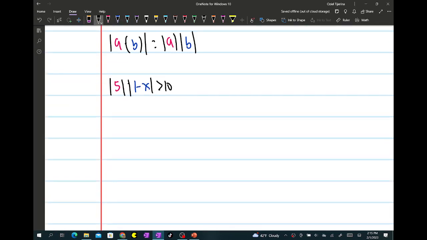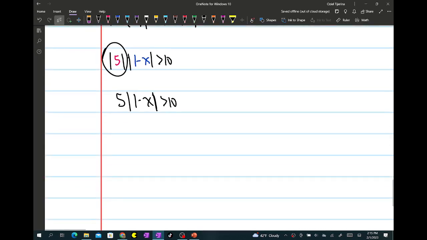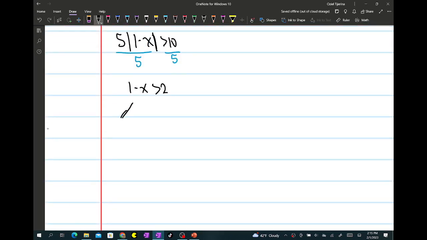I know that the absolute value of 5 is just 5, so I can say 5 times the absolute value of 1 minus x is greater than 10. And then from there, I can divide both sides by 5. So I get that the absolute value of 1 minus x is greater than 2.